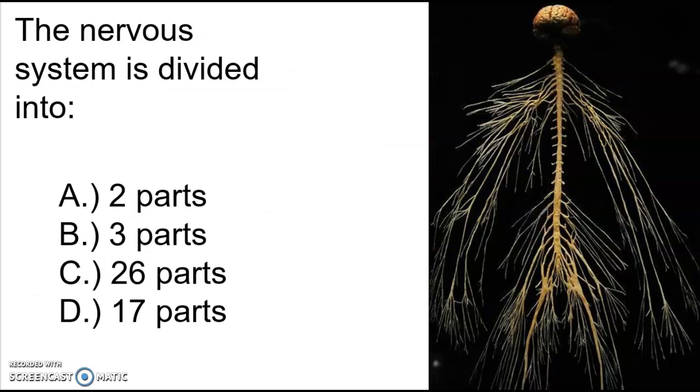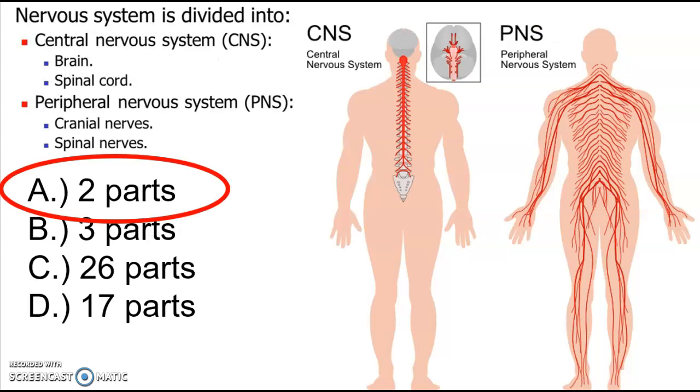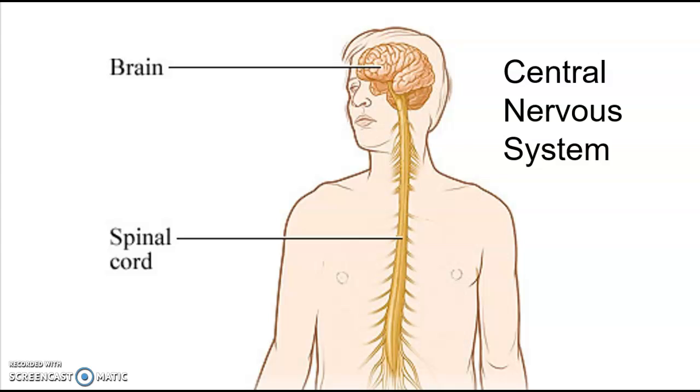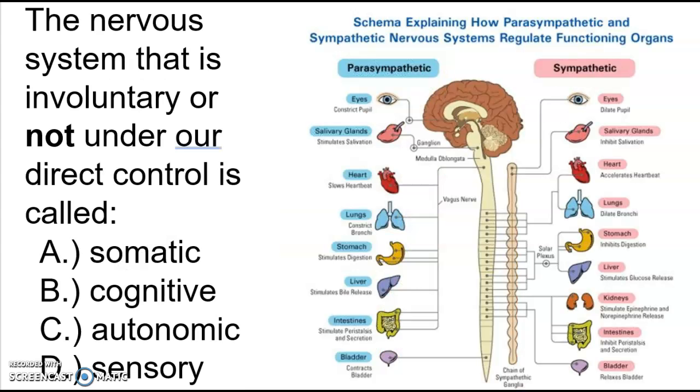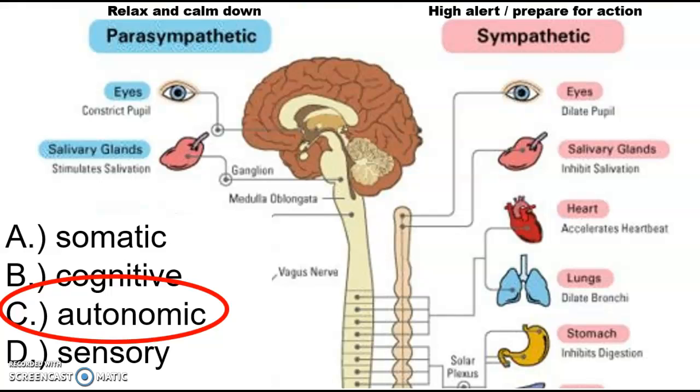The nervous system is divided into basically two parts, the central nervous system and the peripheral nervous system. The central nervous system is the brain and the spinal cord, the decision makers, and the peripheral nervous system is everything else. The part of the peripheral nervous system that is not under our control is called the autonomic nervous system.